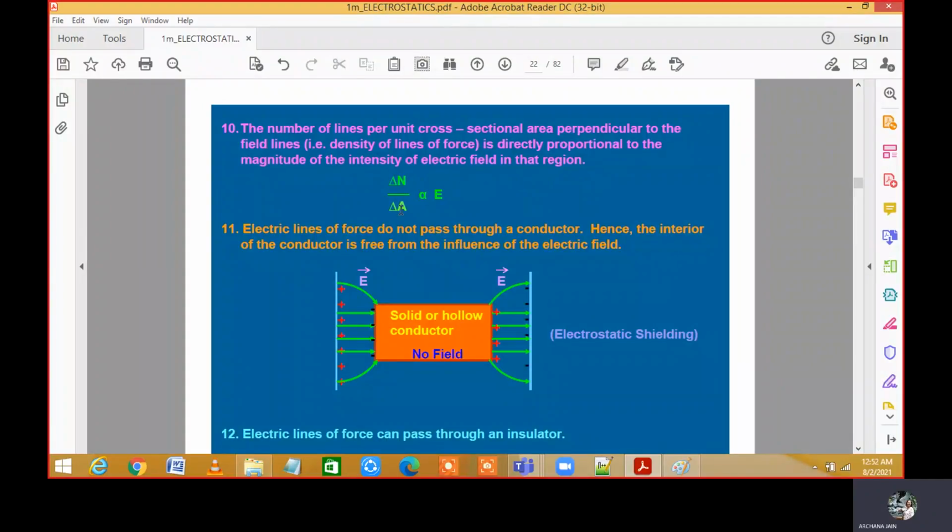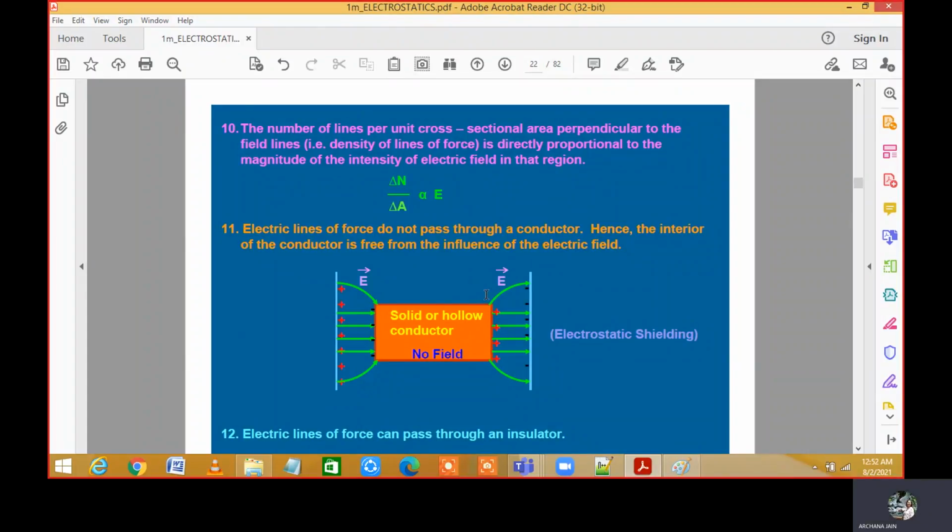Meaning del N upon del A is proportional to E. This is known as the density of lines of force. If they are more dense, then the electric field is more. If density is less, then the electric field is also less.